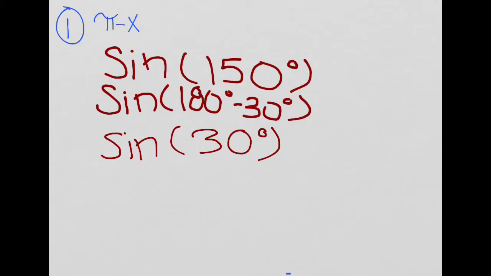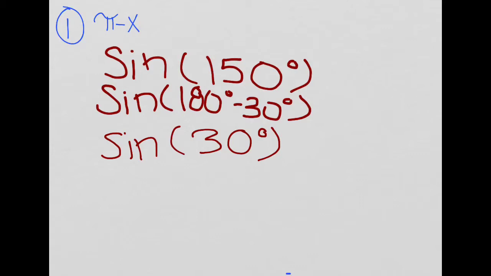Now you have to determine if sine would be positive or negative. To determine that, you look at the original expression, sine 150 degrees, and you look at what quadrant that is in. If it is in the first or second quadrant, you know sine is positive using the CAST rule.